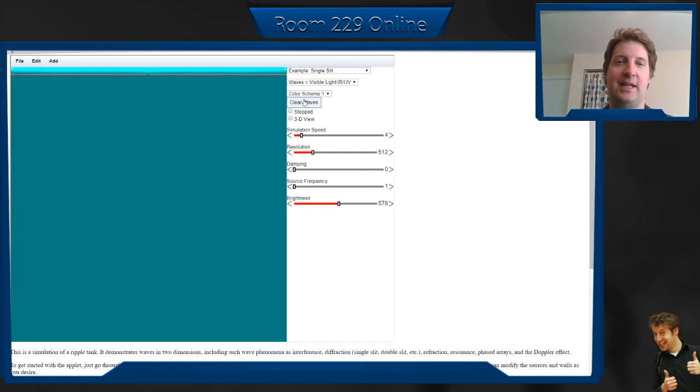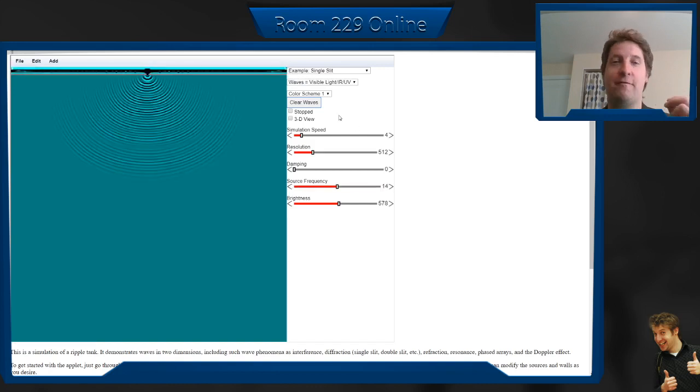And this is why you're able to stare into the window on your microwave and not get your face cooked. The microwave window has a metal screen in front of it with a bunch of holes. The holes act like this aperture here, and light is a very, very high frequency electromagnetic wave.